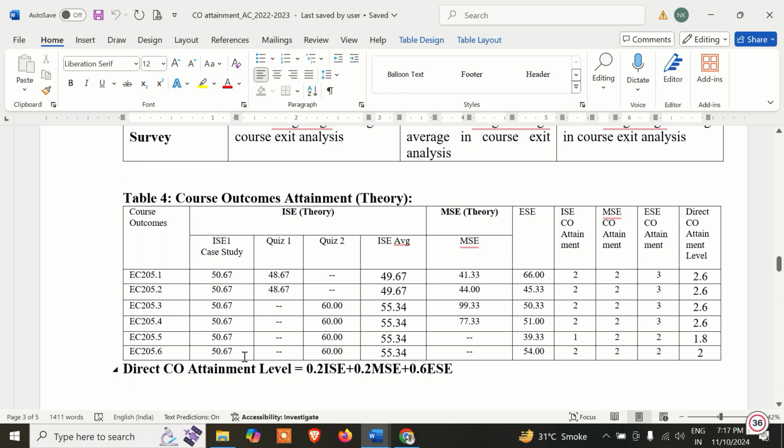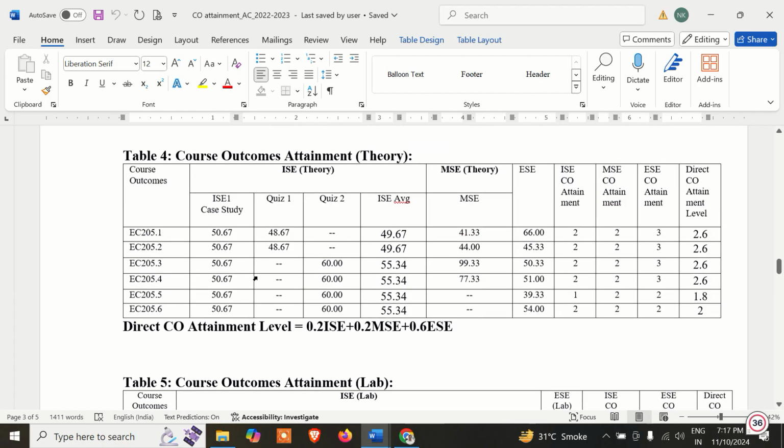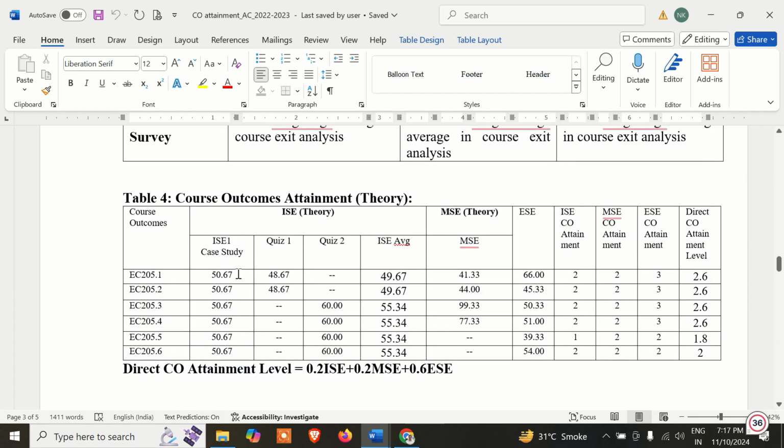Now we come to the actual implementation part. You have 6 course outcomes. You might have conducted an ISC 1, a quiz 1, and a quiz 2. When you conduct the assessment method, you need to find out, for each course outcome, what percentage of students scored above average level.